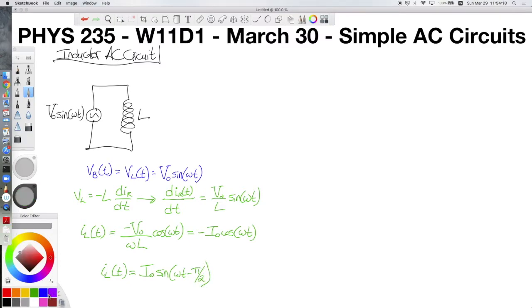Similar to before, we're going to define a quantity called the reactance for the inductor. And this time it's going to be called the inductive reactance.